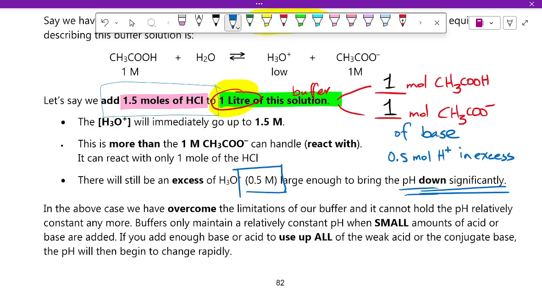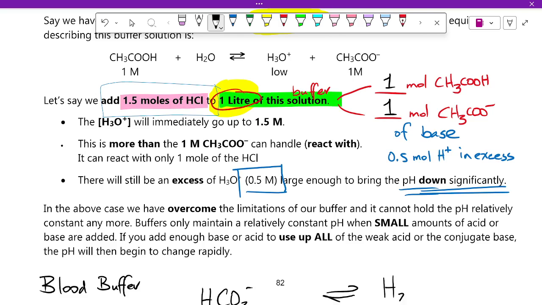So your blood has a buffer system. Do you guys remember the buffer system in the blood, if you took biology? The blood buffer, we have HCO3 minus in equilibrium with H2CO3. Is that ringing any bells?